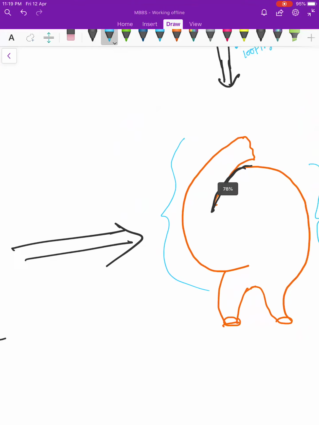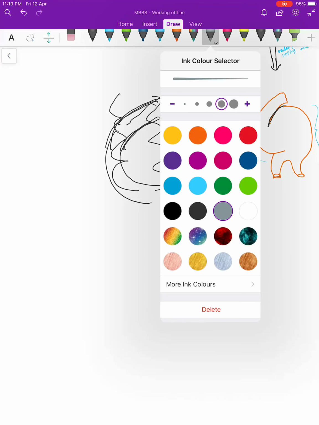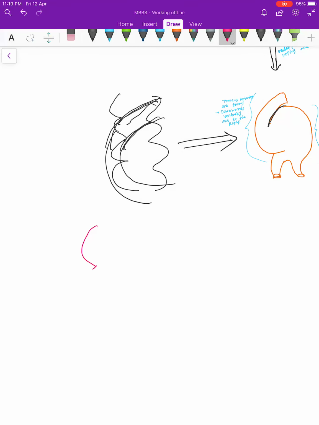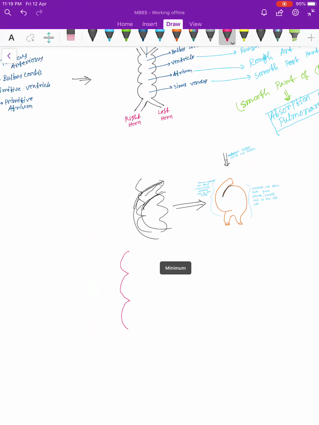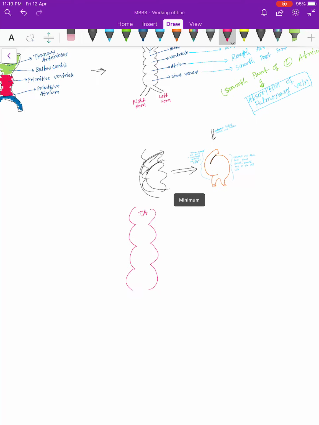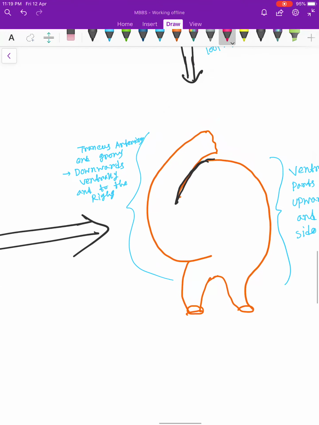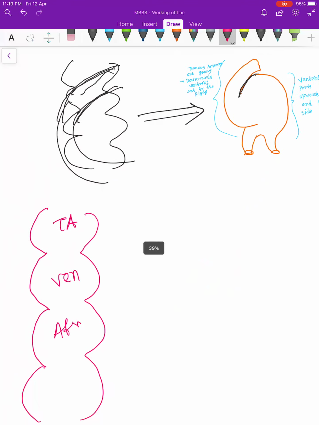Okay, now again take, this is the heart tube, this is truncus arteriosus, this is the ventricle, this is the atria. Okay, so here truncus arteriosus end grows downwards, ventrally and to the right.